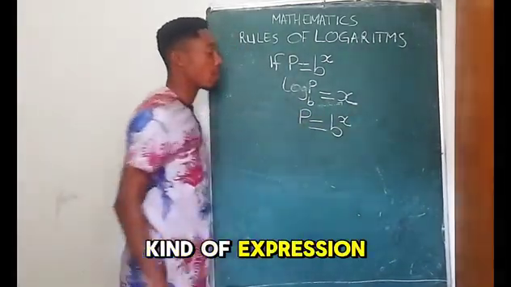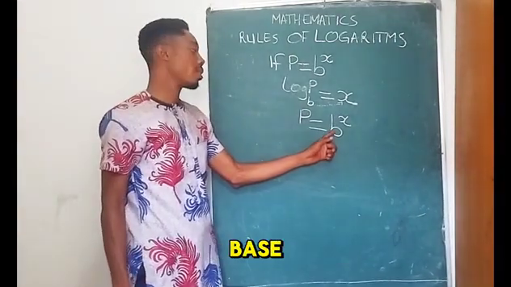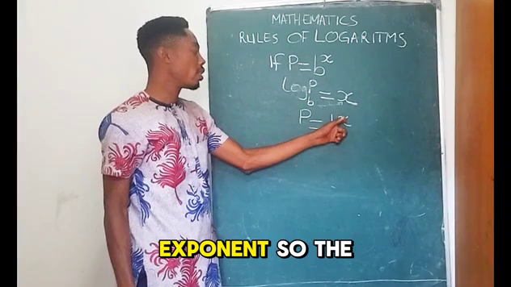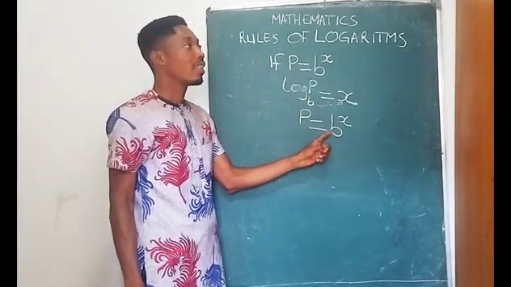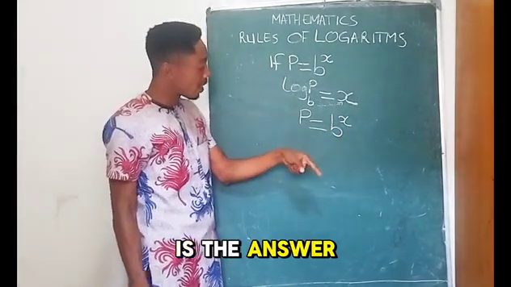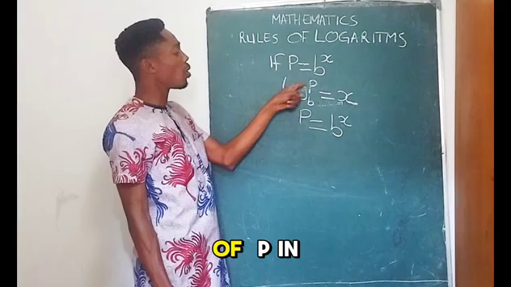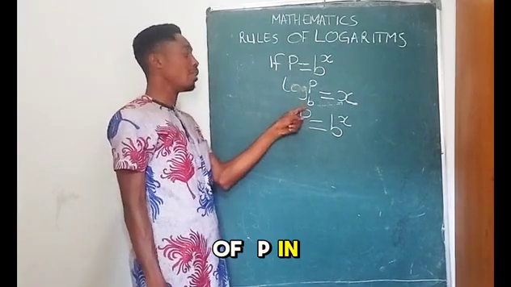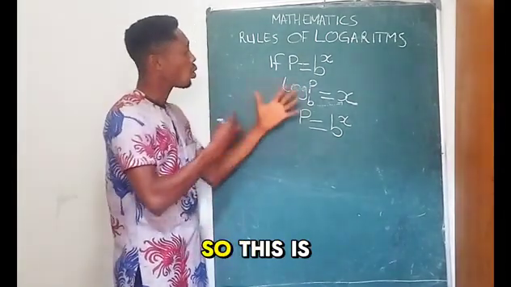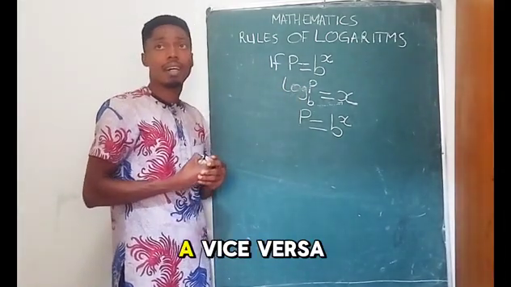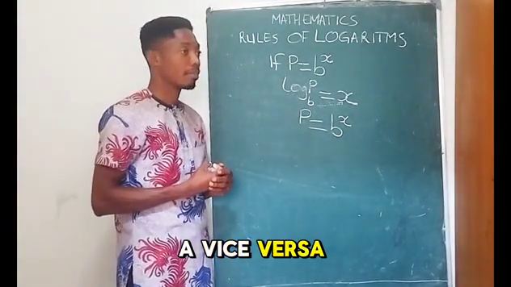In this kind of expression, b is the base, x is the exponent. So the power or the exponent is the answer to the logarithm of p in the base b. So this is vice versa.